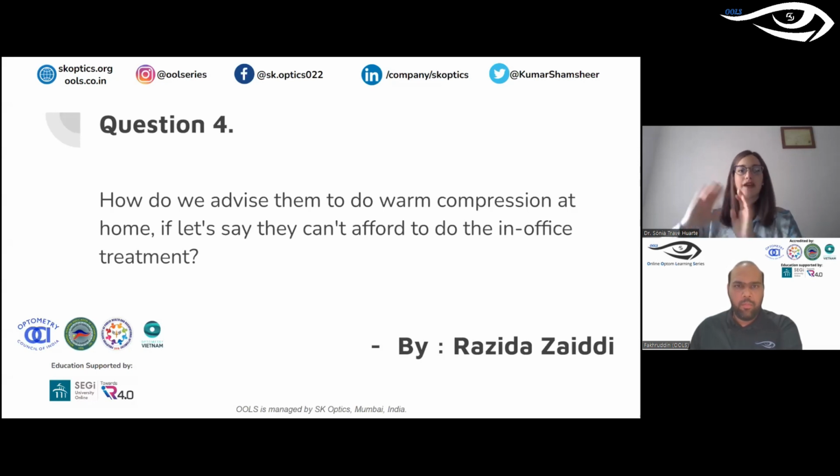So that's on the patient side. Then in terms of warm compresses, in-office treatments tend to be a lot more expensive. A warm compress is cheaper than, let's say, an IPL, which could be hundreds of pounds or dollars, versus a warm compress done daily.